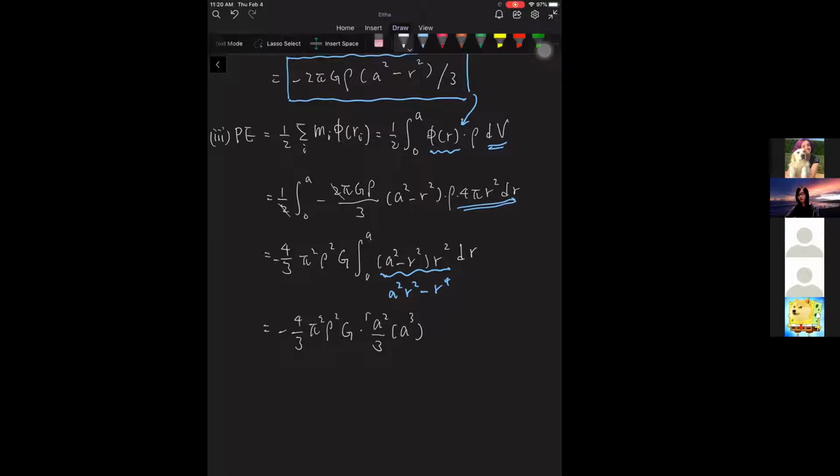And the second term will be just r to the 5th over 5, and we plug in the a, so that will just give us a to the 5th.